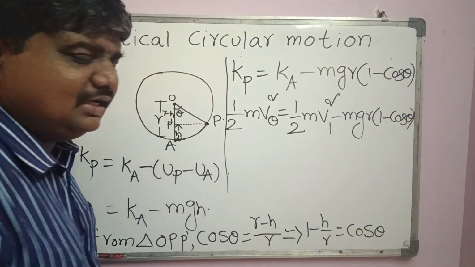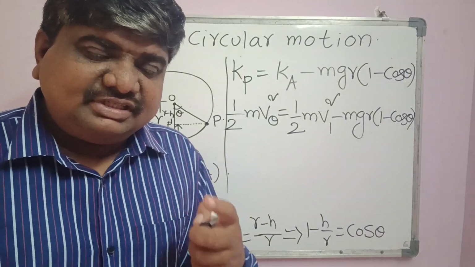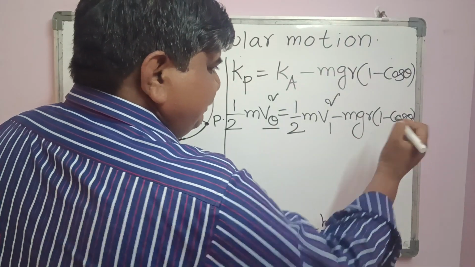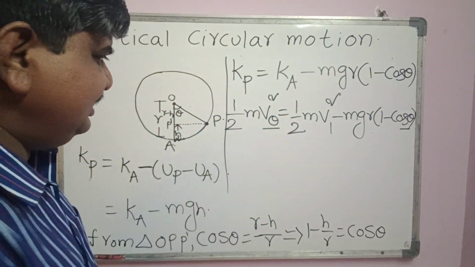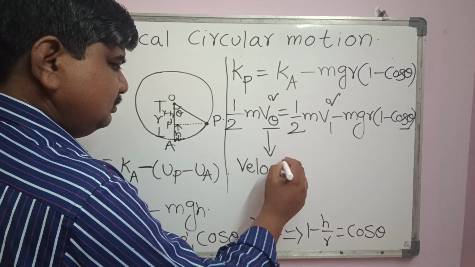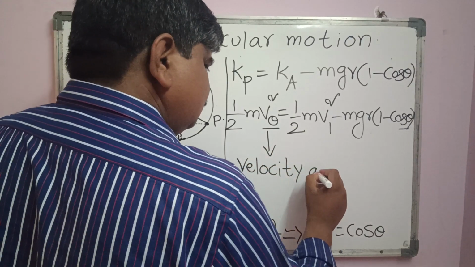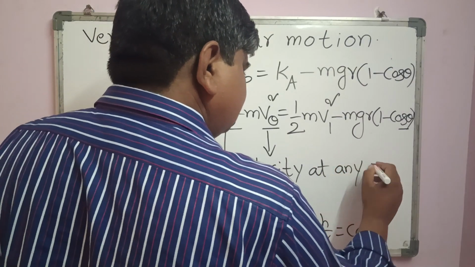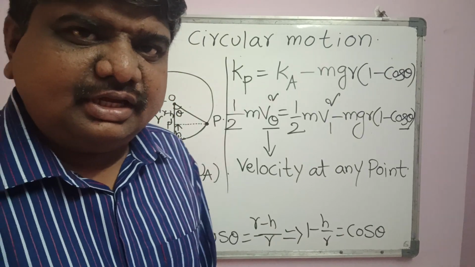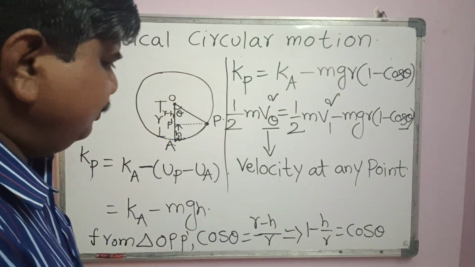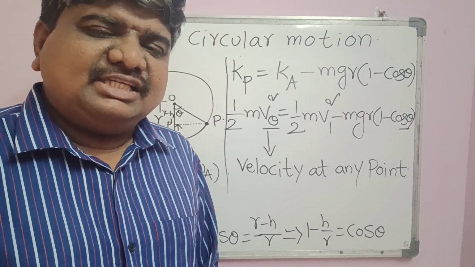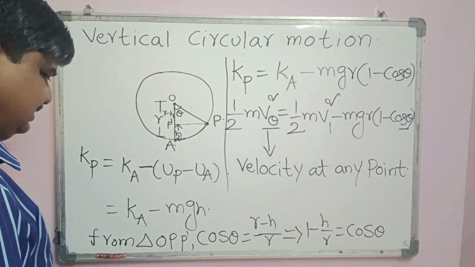So while you are finding the velocity of a body which is in vertical circular motion, it is completely angle dependent. Here v theta is the velocity at any point. So we need to find out the velocities at the lowest position, the highest position, as well as other angular positions.